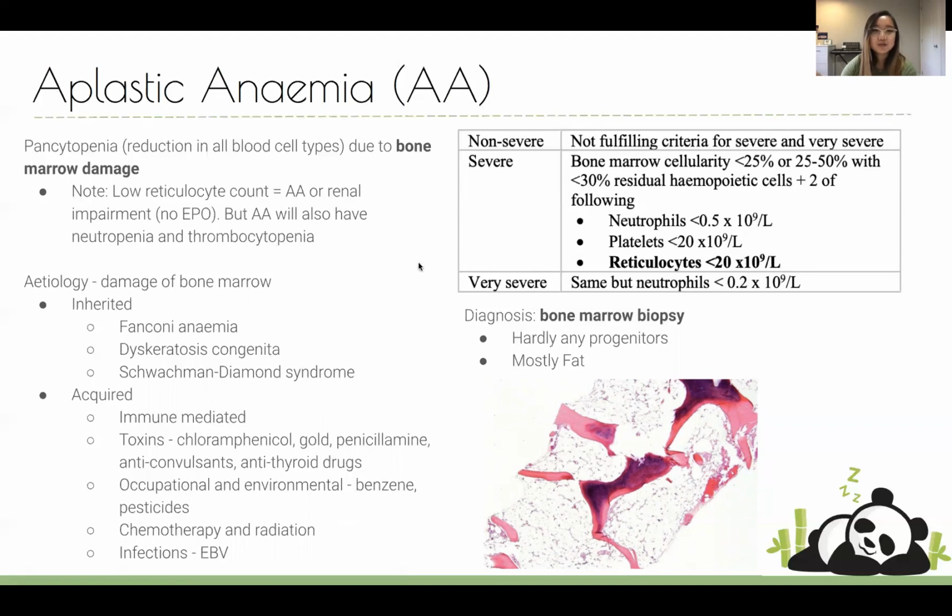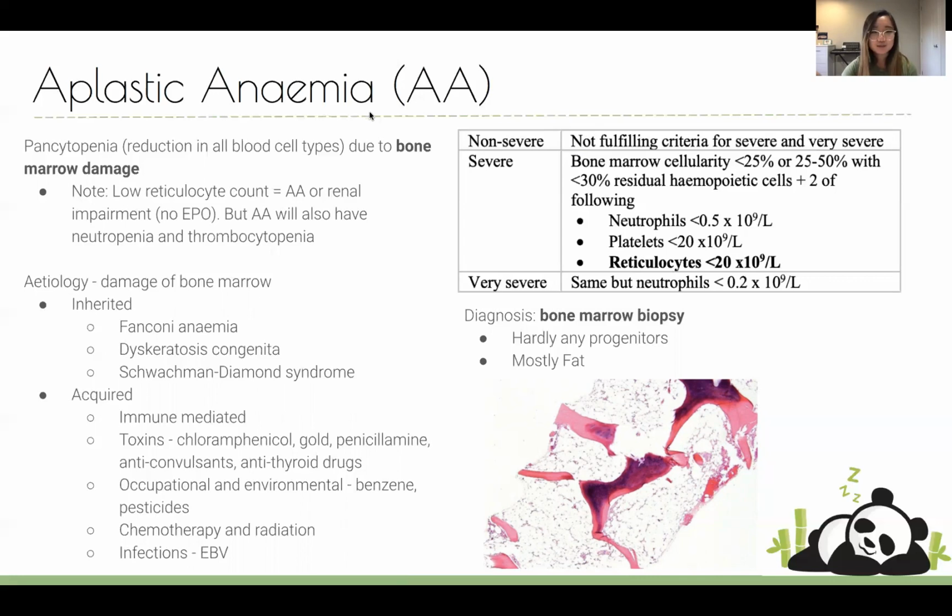It's important to differentiate that because you can also get low reticulocytes from no EPO, so renal impairment. But not pancytopenia, sorry. You can get low reticulocytes with no EPO, because that's the thing that makes your red blood cells mature, and that's made in your kidneys.